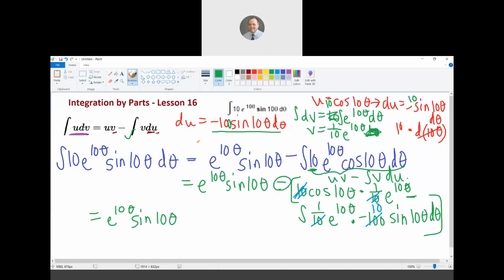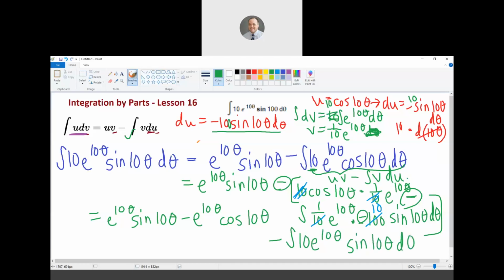Distributing this negative sign carefully, we got negative e to the 10 theta cosine 10 theta, and then a negative times another negative gives us a negative sign, minus the integral of, hold on just a minute, minus the integral of 10, moving the 10 in front, that's in blue, e to the 10 theta times sine of 10 theta d theta.